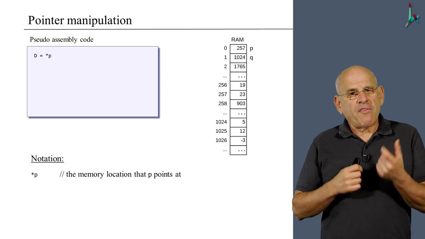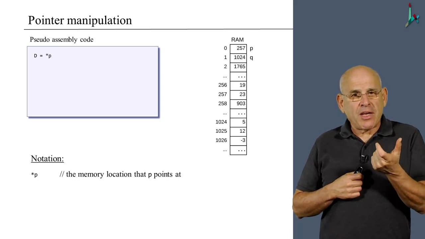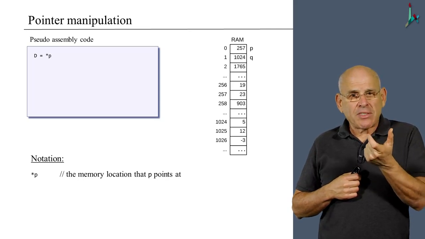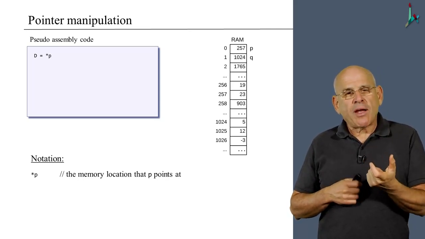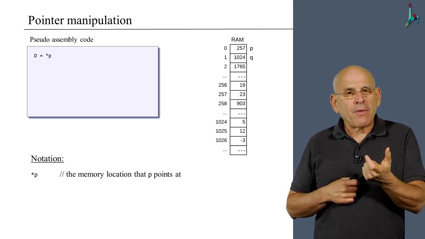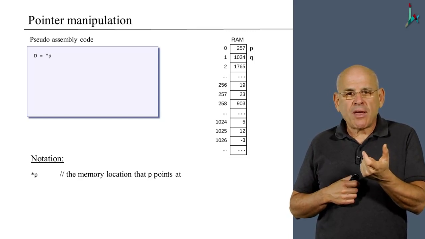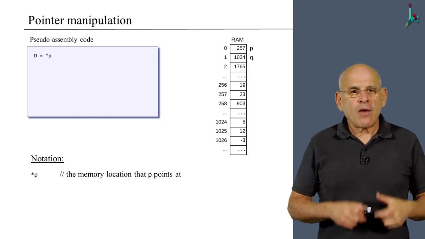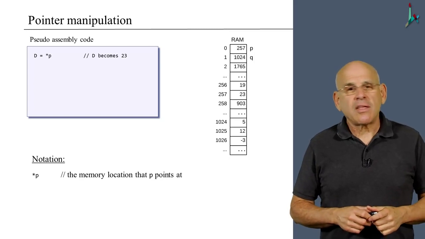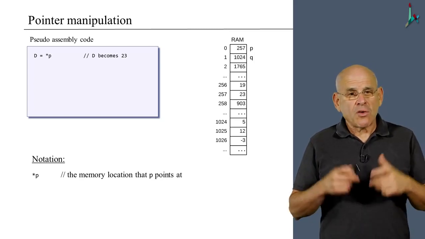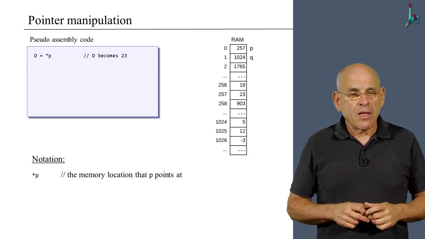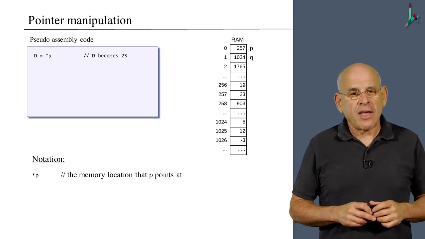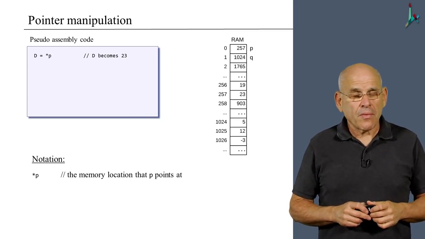So we look at the value of RAM 0, which happens to be 257, and we treat it as an address. Next, we look at the value of RAM at this address, which happens to be 23, and we store it into the D container. So D becomes 23. So this is the gist of indirect addressing.